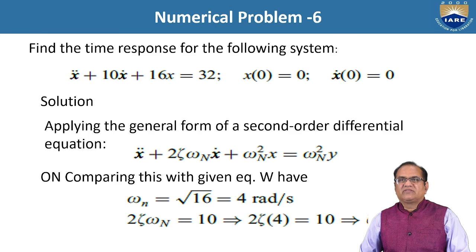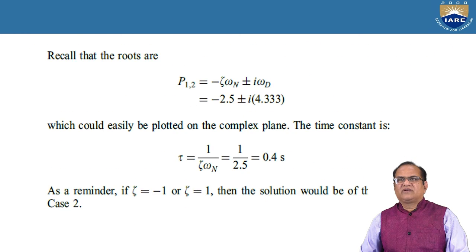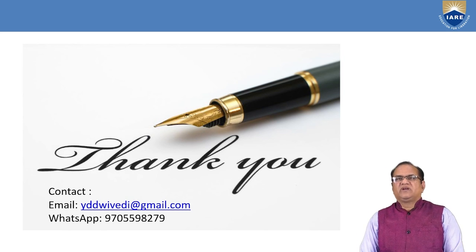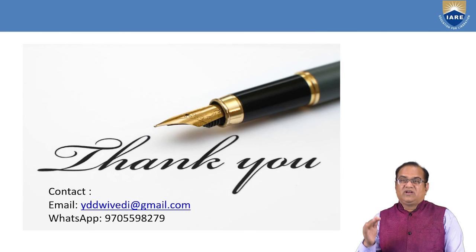Okay, so thank you very much for joining this class. Hope you all have understood the concept of perturbation theory and how this small amount of perturbation may cause huge amount of forces and moments.